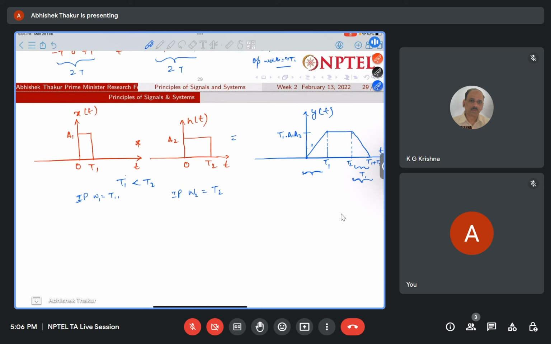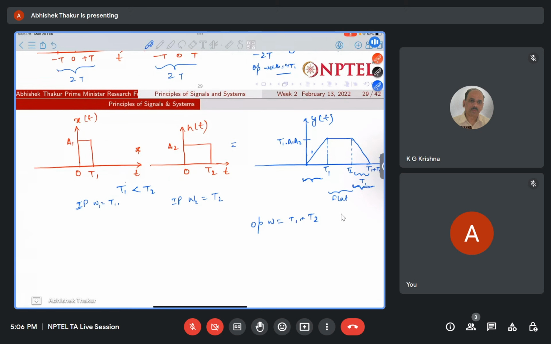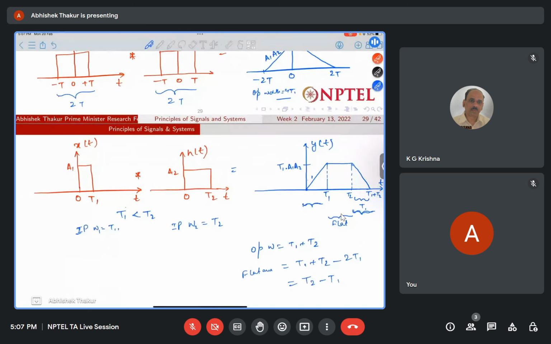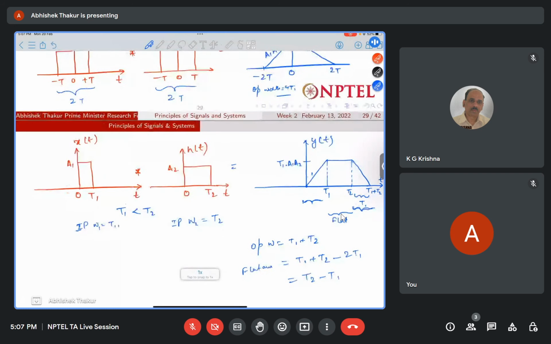How much will the remaining duration be? The total output width will be T1 plus T2, because it is the sum of both pulses, and it will increase up to T1 and decrease up to T1. So the flat area will be T1 plus T2 minus 2T1, which is equal to T2 minus T1. Here you can see this is T2 and this is T1, so this width is T2 minus T1.